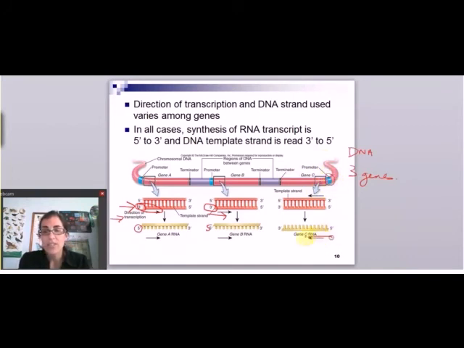So now I'm only going to see the promoter if I'm moving to the left. My RNA is still going to be made from 5' to 3', but I'm moving to the left. So now I have to use the top strand as the template strand. So now the top is the template. Either side of the double helix can be used to make an RNA, but it will make different RNAs for different genes depending on where the promoter is.